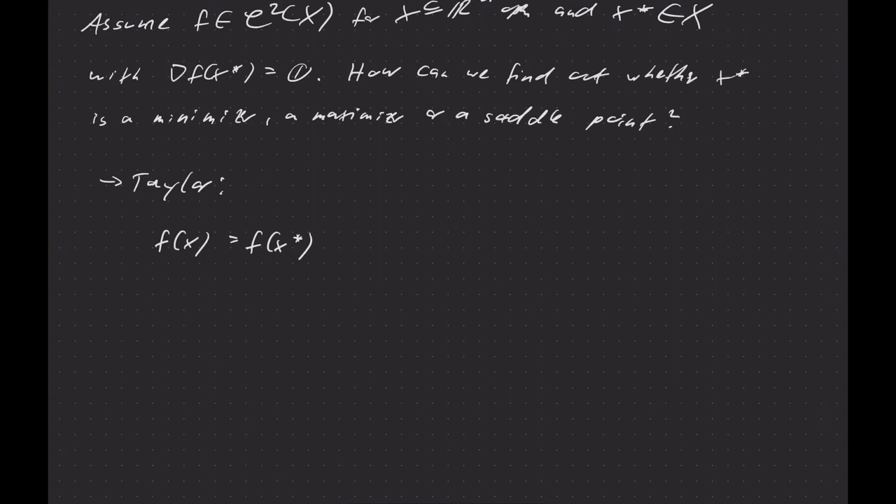And that looks like this: f of x star plus the gradient of f at x star transposed times x minus x star plus x minus x star transposed times the Hessian of f at x star times x minus x star plus terms of higher order.